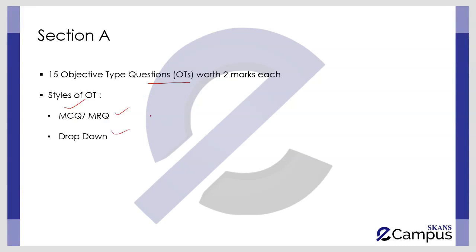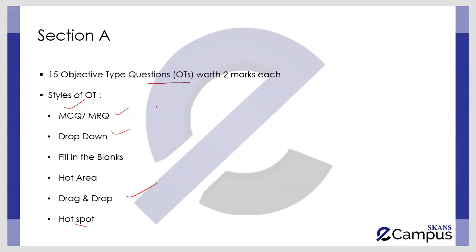The question can be tested as a drop-down menu question, fill in the blanks, hot area. Hot area questions are normally the statements where you have to choose true and false. So this kind of situation. Drag and drop questions are there, and hotspot questions where you have to click on a particular point on the diagram.